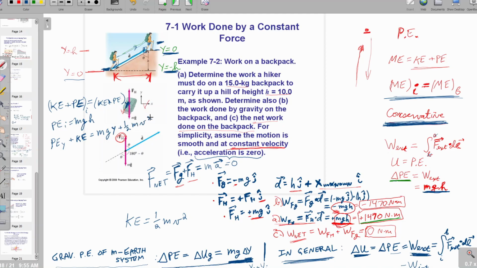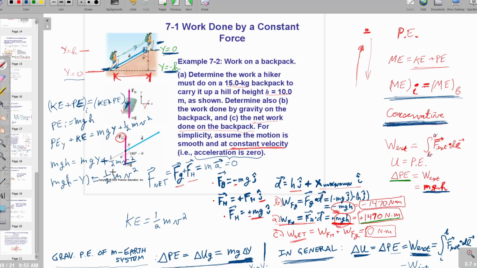Now, these two things are always going to be equal. So if you want to know the speed at any given point, you can write that mgh is equal to mgy plus 1/2 mv squared. And that means if I want to find the velocity at any given point y, I can take mg times (h minus y) is equal to 1/2 mv squared.